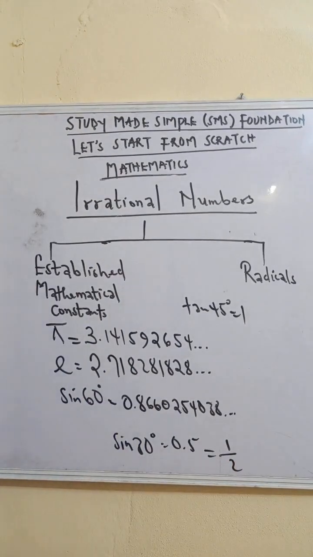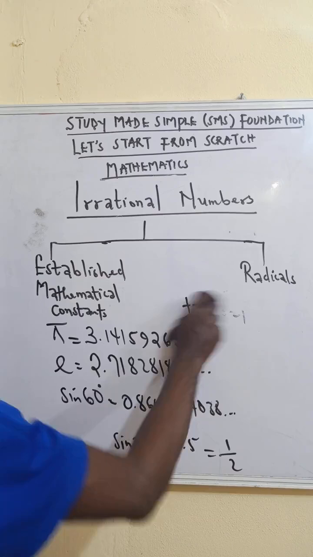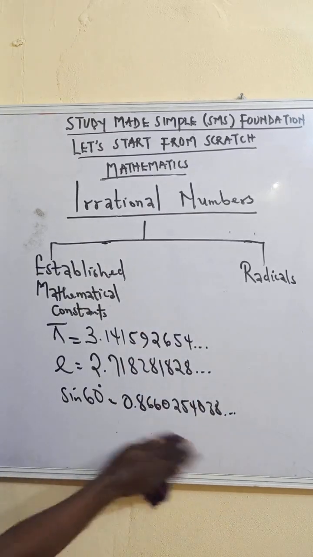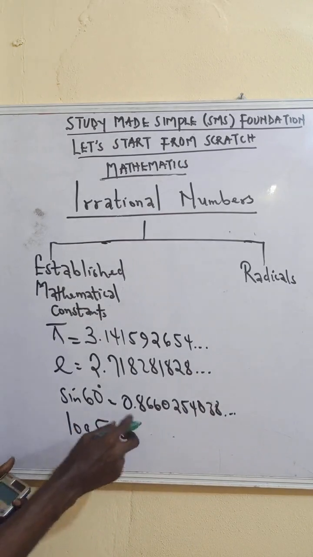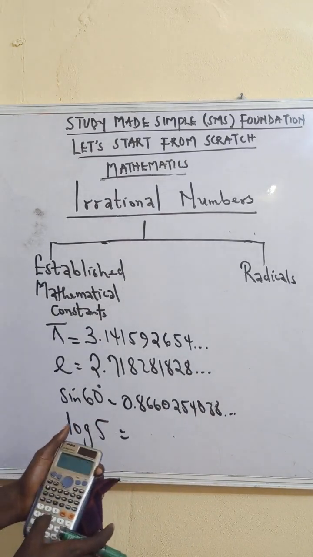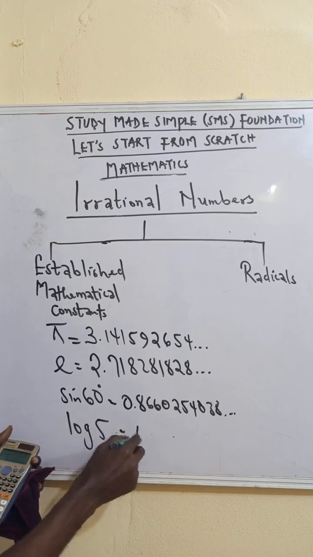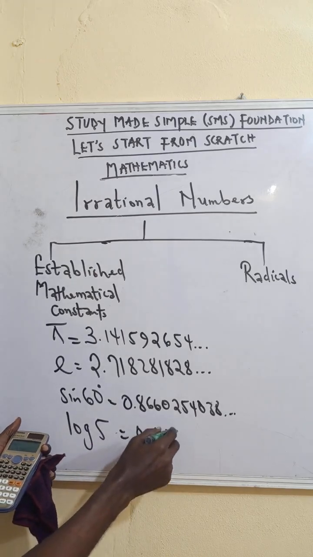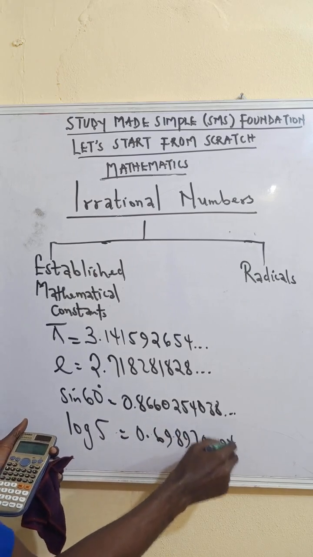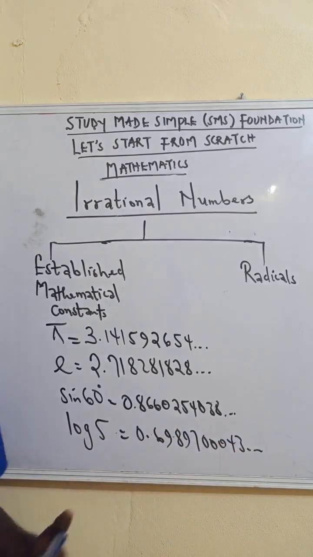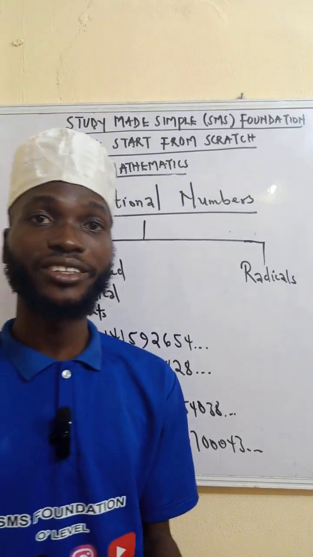Now, we also have some logarithmic values that are irrational. For example, log 5 to base 10. If you press log 5 on your calculator, it will give you 0.69897000043, and so on. Does it now mean that all logarithms are irrational?